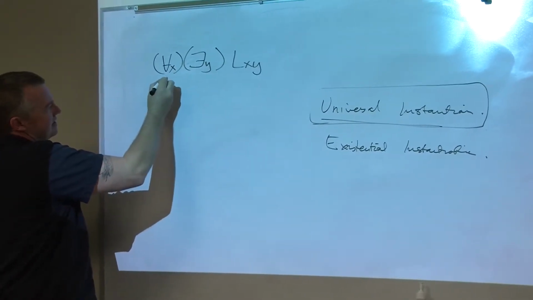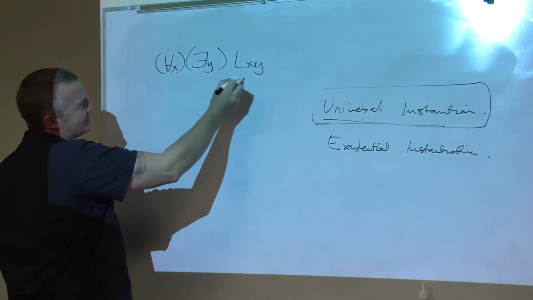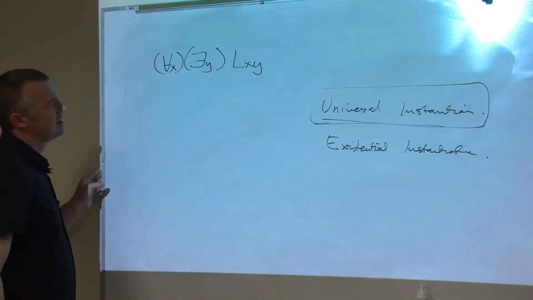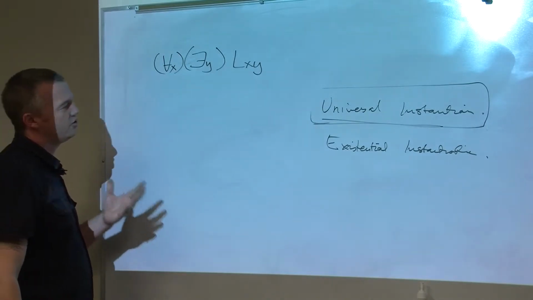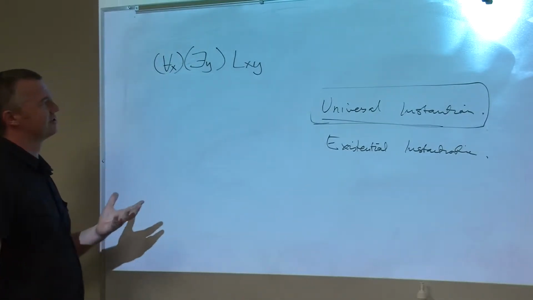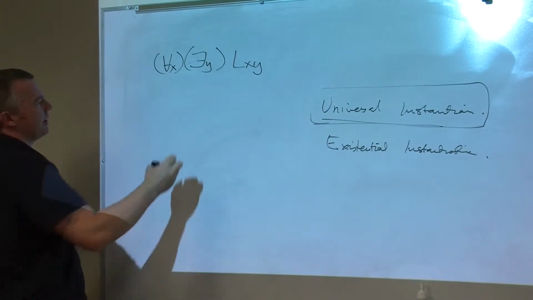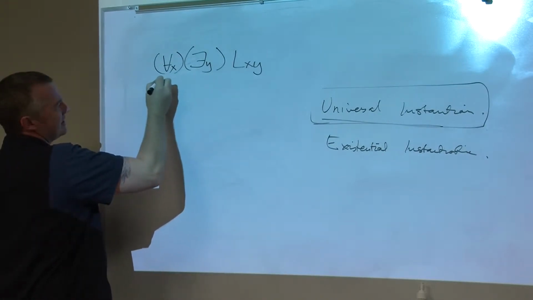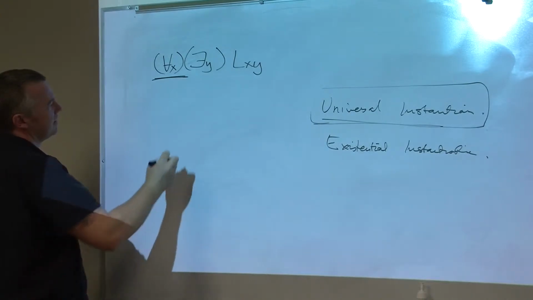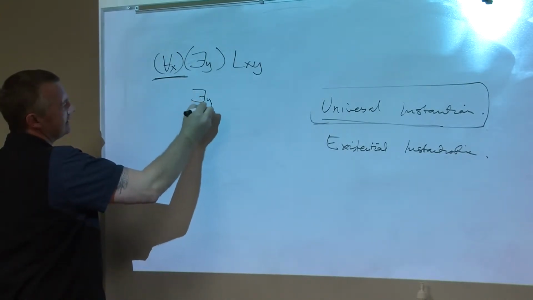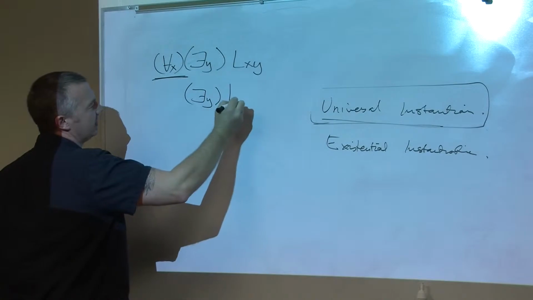Okay, so again, this reads, everyone loves someone. So now let's say we're interested in George and who George loves and what George is up to. We can validly move, since the main logical operator here is the for all x, the universal quantifier, we can validly move by instantiation to the following.